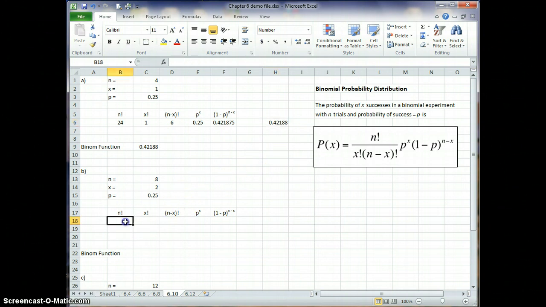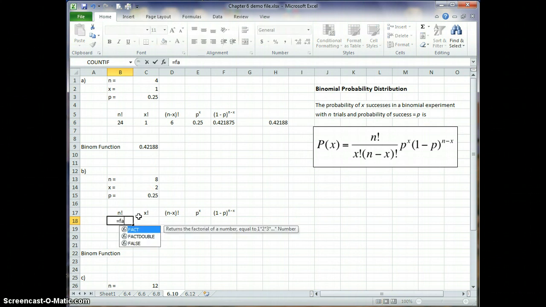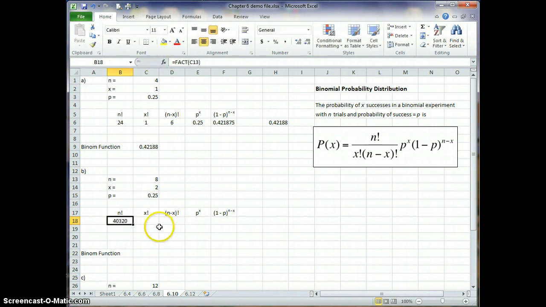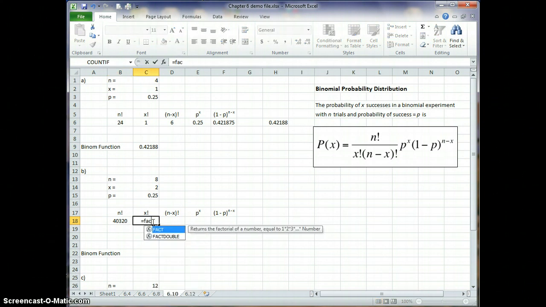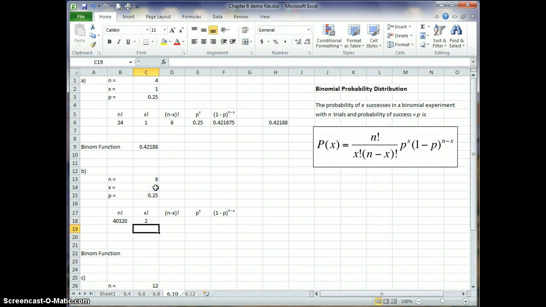So let's do that down here. This is B. And we've got it set up so it goes equal to fact, double click there, and it's going to be 8 factorial. So this is going to be quite a large number, 40,320. And then we're going to do it for equal the factorial for x, which is going to equal 2.